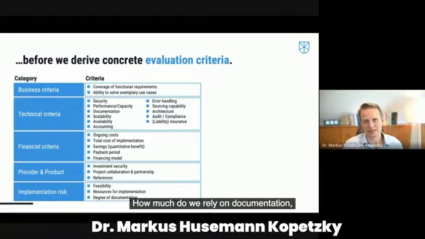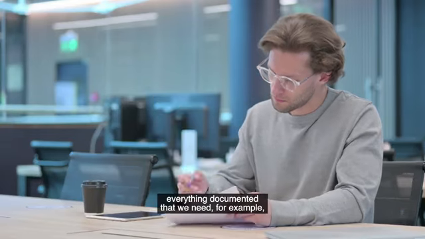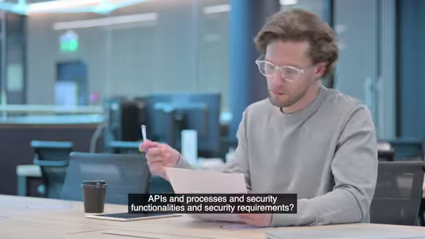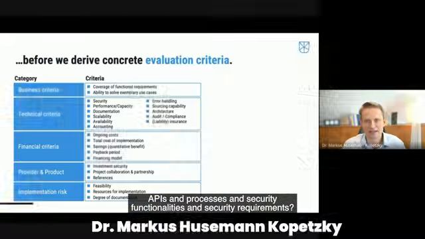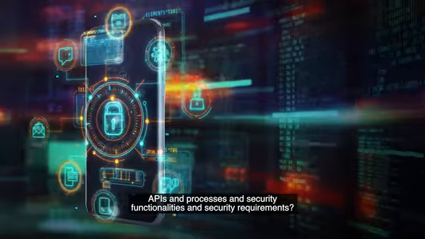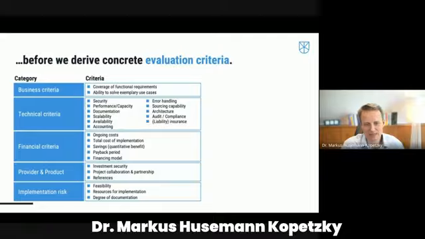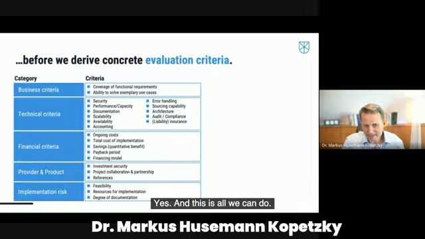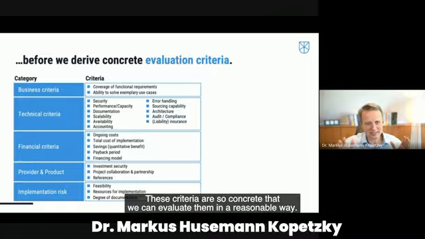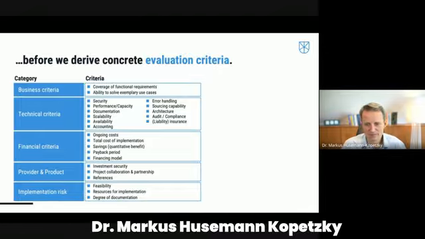How much do we rely on documentation, everything documented that we need, for example, APIs and processes and security functionalities and security requirements? Yes. And these criteria are so concrete that we can evaluate them in a reasonable way. That's how I would do it.